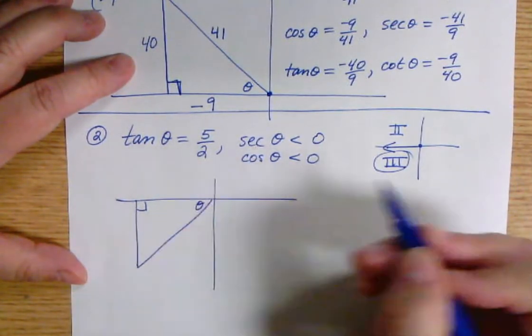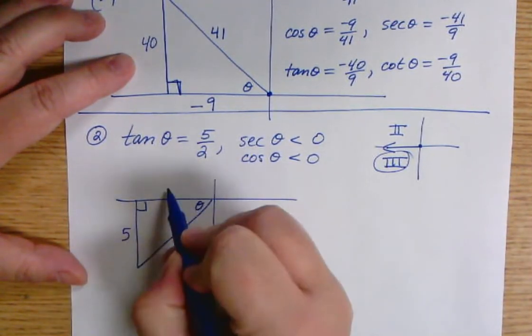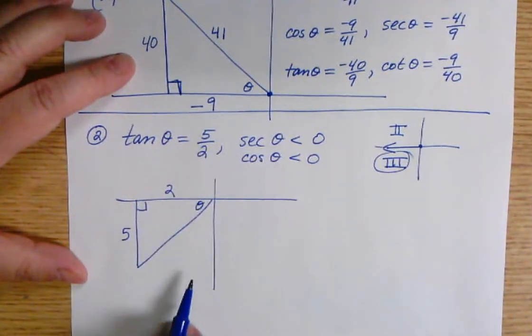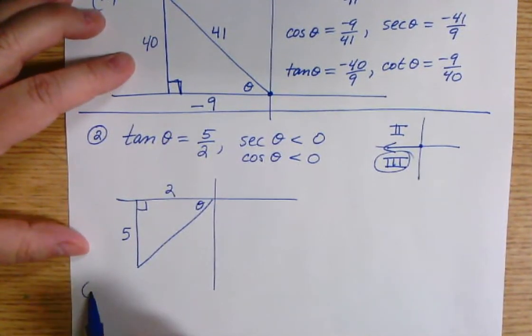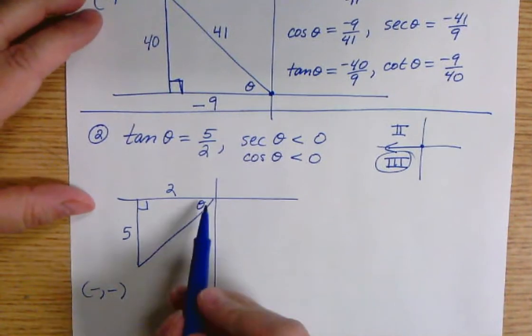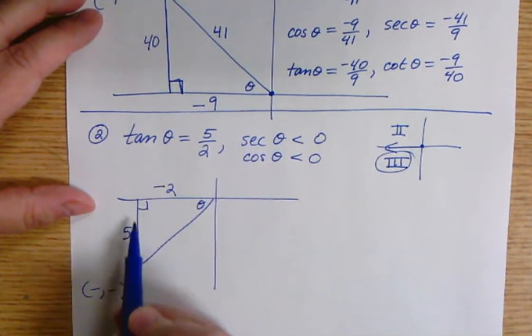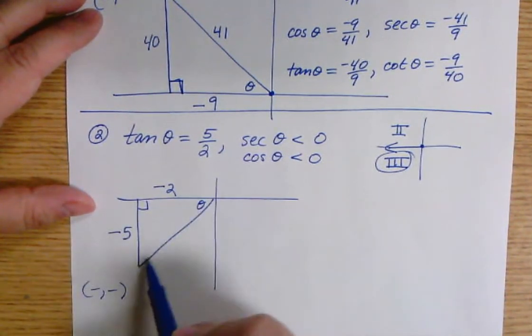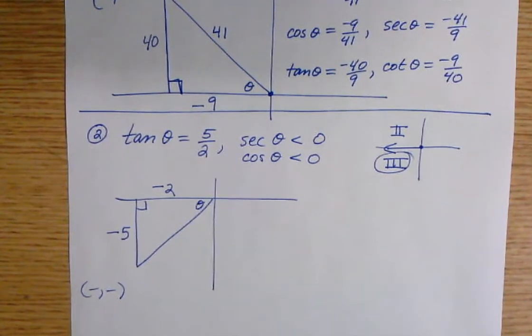Excuse me. Tangent is opposite over adjacent. Now think about the signs. In the third quadrant, everything is negative in terms of my x and y. So that's my horizontal component and my vertical component. Hypotenuse is never going to be negative. But we're going to use negative 2 squared plus negative 5 squared.